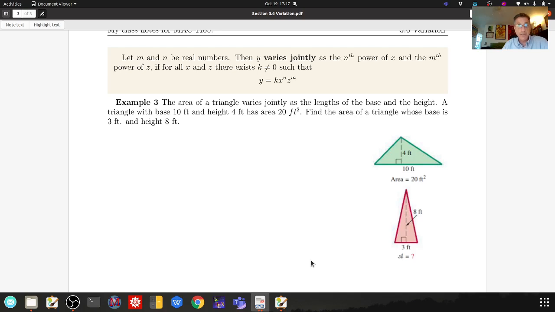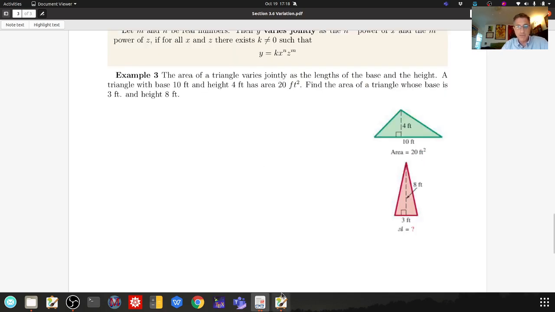We just have to find the constant k and the values of n and m. They will then give us enough information to find k, and then with that information it's really just plug and chug to find the rest.